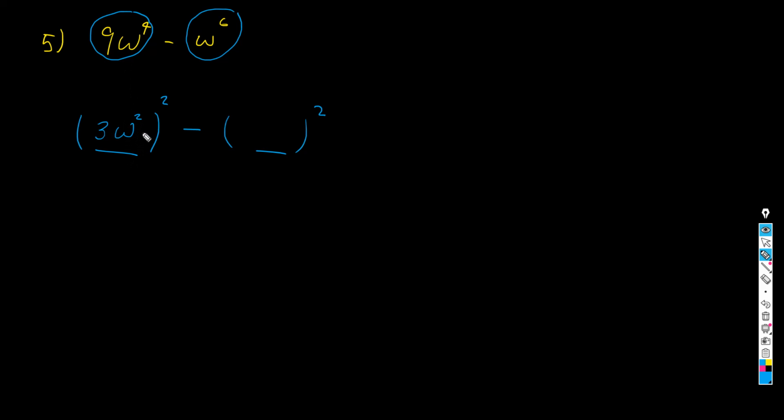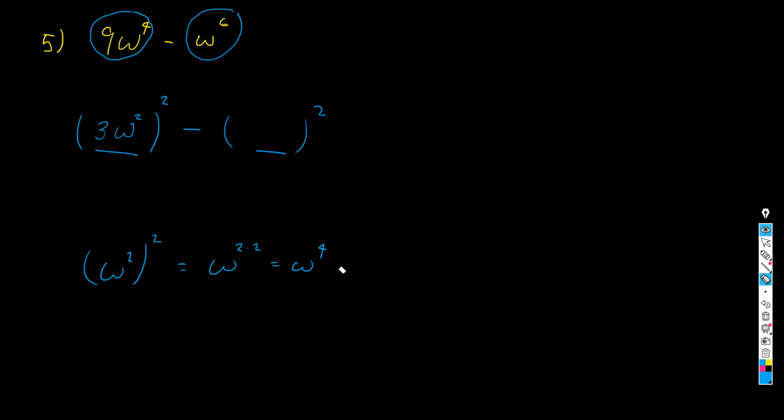Okay, why? Because when I raise this w to the square, I'm gonna get w to the 4. Don't believe me? Do this. W to the square. And if you remember, by the laws of exponents, this is equal to w to the 2 times 2, which is equal to w to the 4, which is what we have in here.